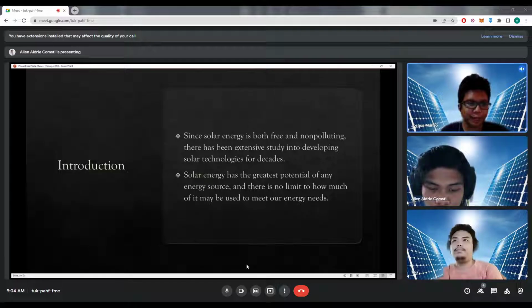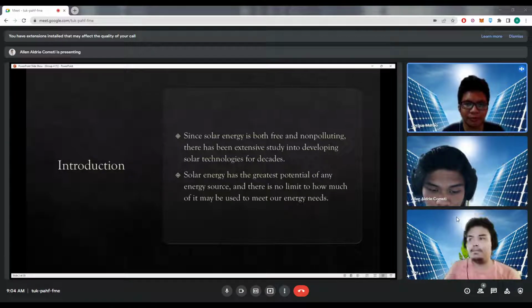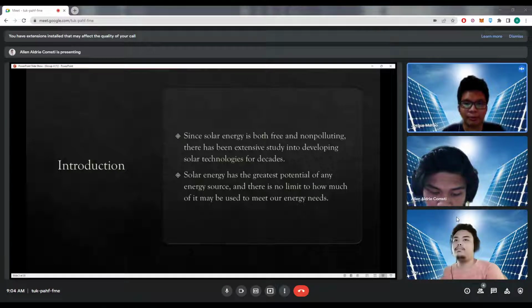For our introduction, since solar energy is both free and non-polluting, there has been extensive study into developing solar technology for decades. The sun is a magnificent renewable resource that has the capacity to support life on Earth by providing clean, renewable energy to all of its inhabitants.